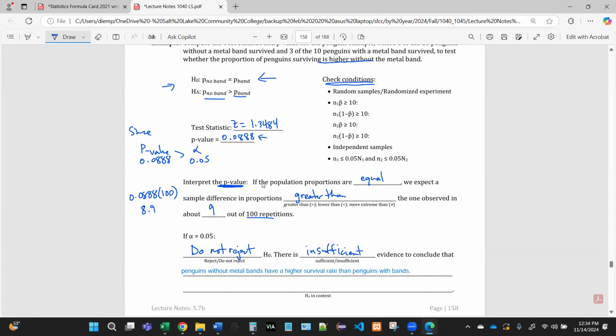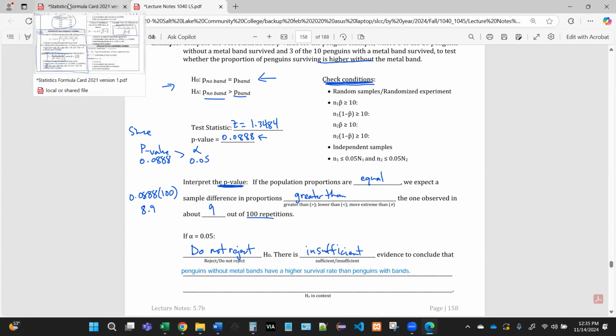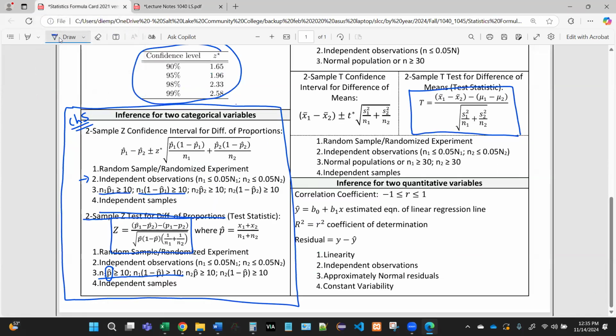Okay, so that's one thing I wanted to do, go a little bit deeper on the p-value interpretation. And then let's also check our conditions. These conditions are on your formula card, so you'll have these on the exam. And they're very similar to what we've done before.